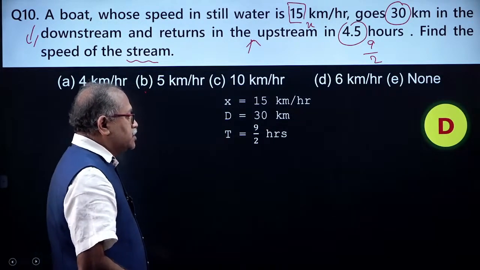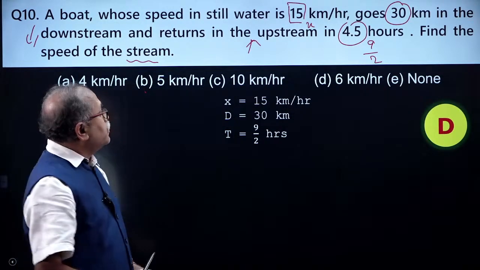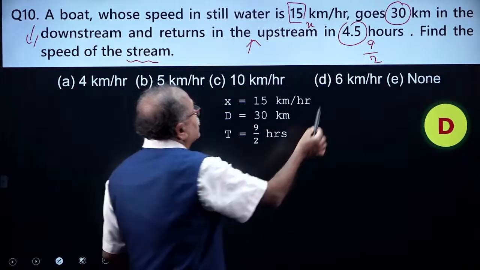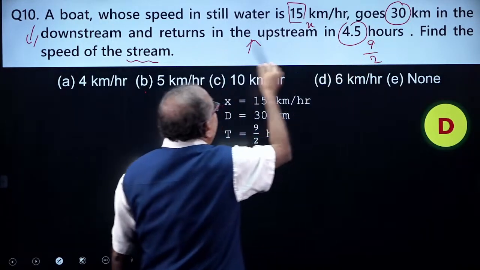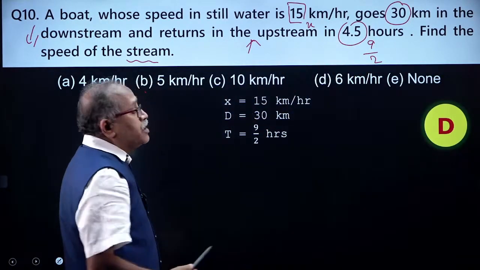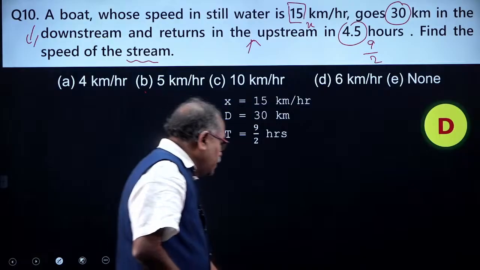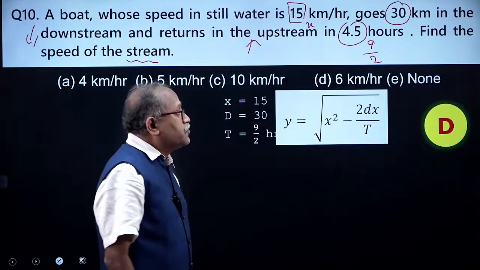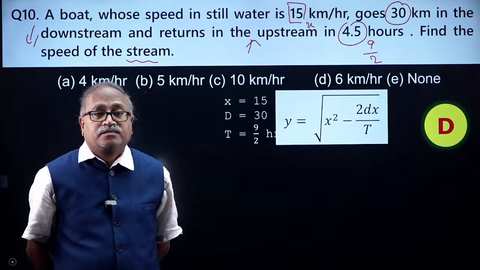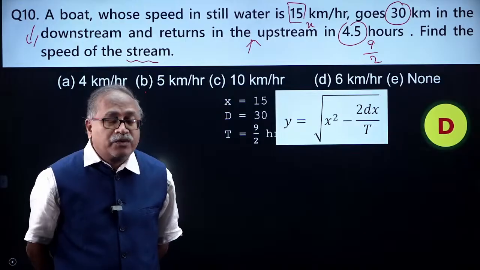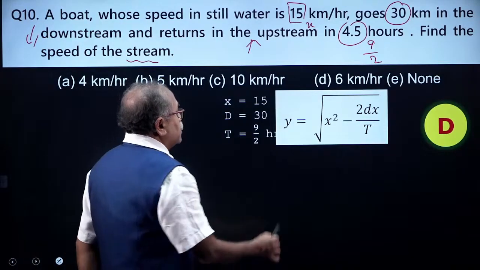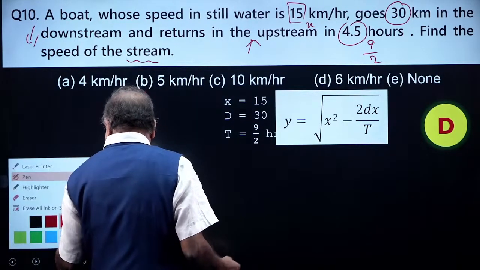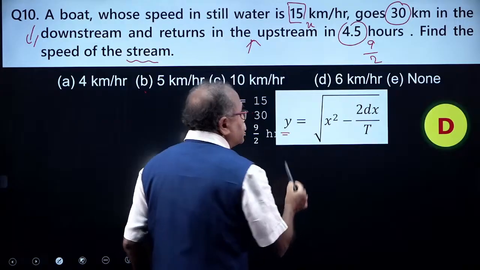Let's check this one. I will give the formula whenever the distance is same and the difference of time for upstream and downstream is given. Please directly use this formula. What is this formula? Here y is the speed of stream, x is the speed of boat.